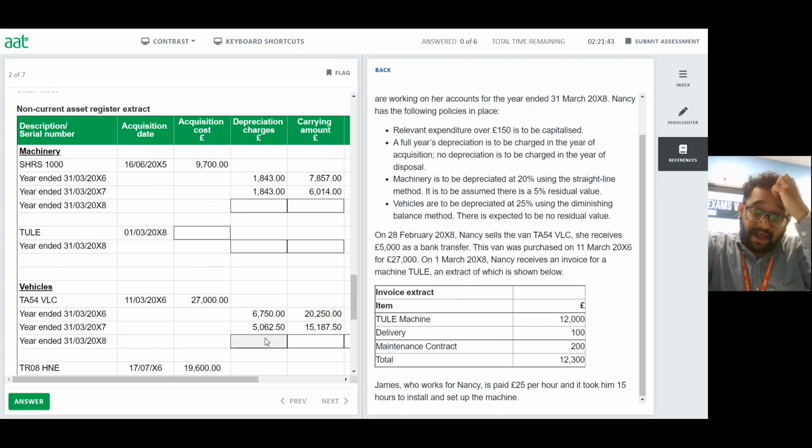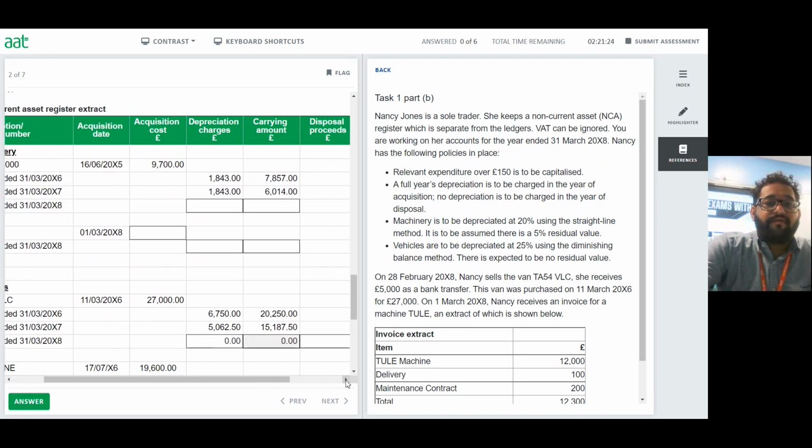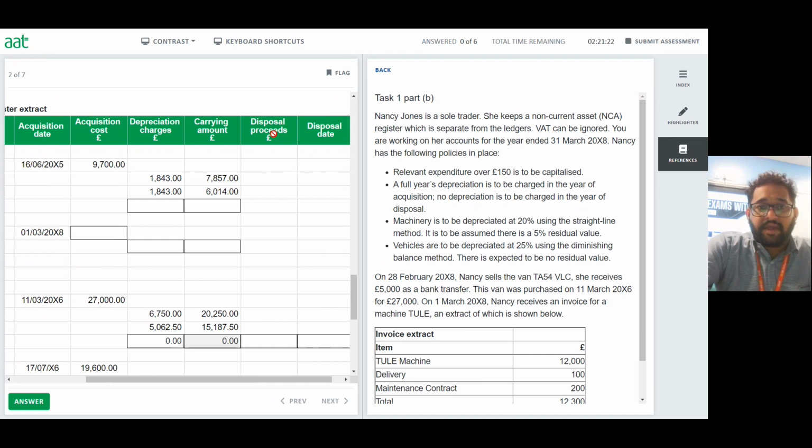Now in the year of disposal, there is no depreciation charge. So the vehicle will have 0 depreciation charged, and the carrying amount also will be 0.00 because there is no carrying amount for something disposed of. The proceeds of the disposal are going to be 5,000 pounds, so I'm going to write 5,000 pounds here.